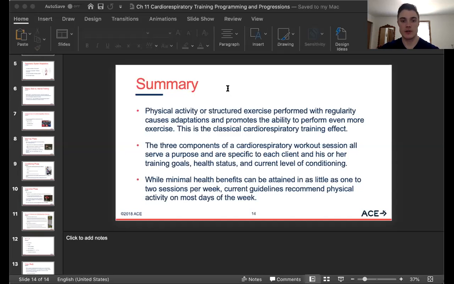So we have aerobic training. Just in the name itself, you know that aerobic is utilizing oxygen. It's probably going to primarily work type 1 muscle fibers unless you're going to fatigue.